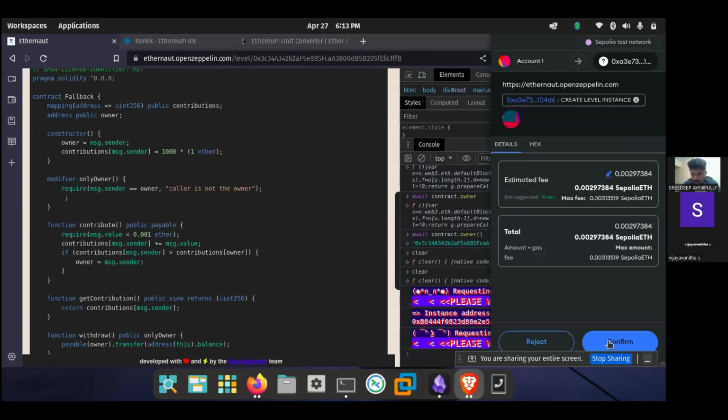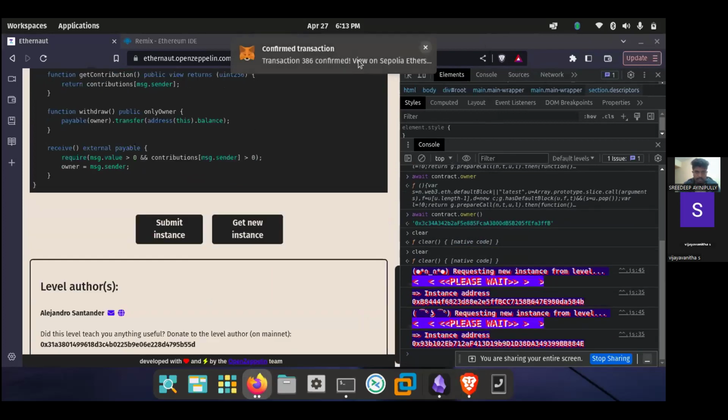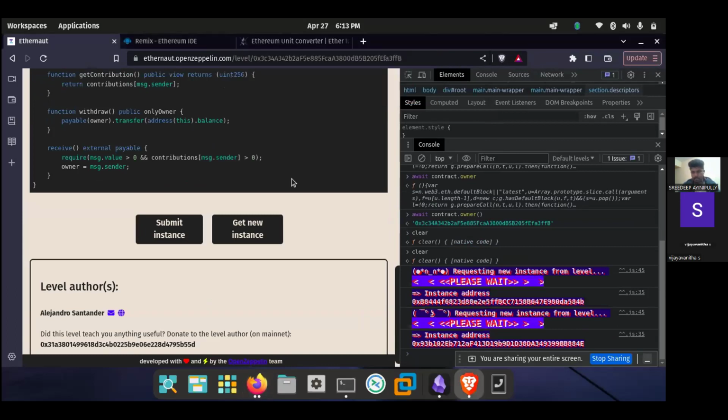Now it's going to say confirm your transaction, requesting a new instance. It will create a new instance with a new owner. And after that, the transaction has been confirmed on Sepolia Etherscan.